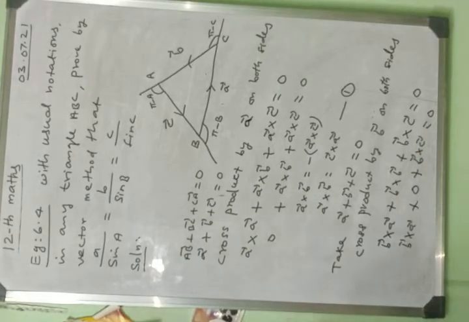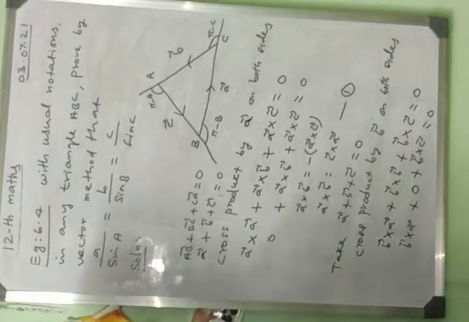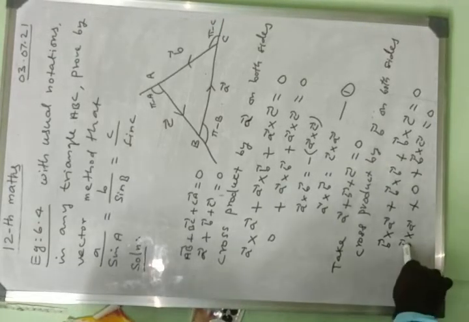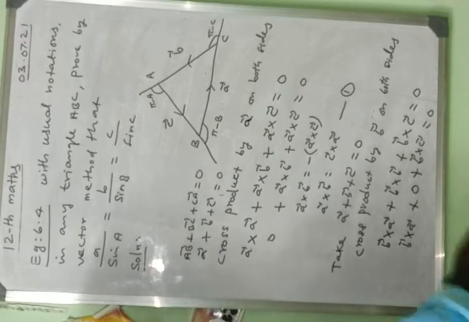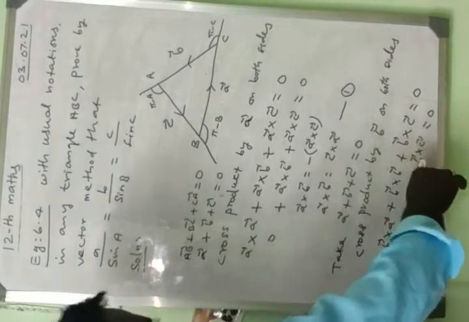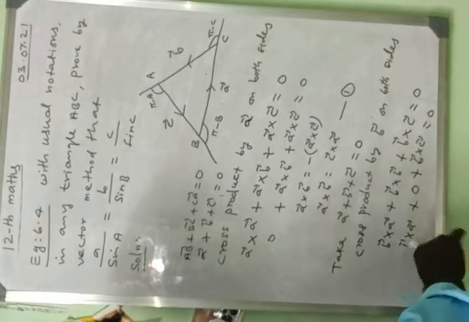So here, 0 value is nothing. Next, the B cross A we change to the right side. Here the order is B cross C, so only the order changed.